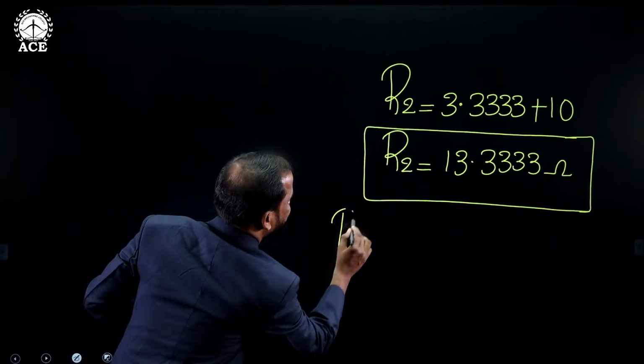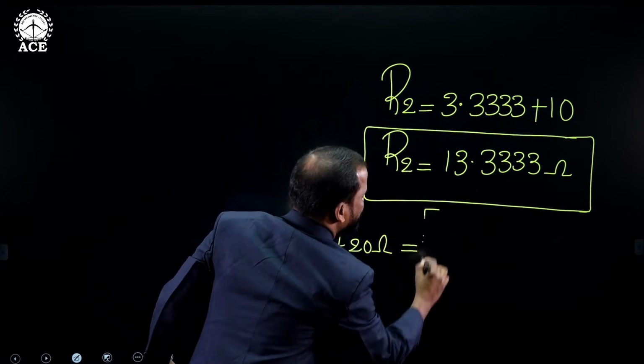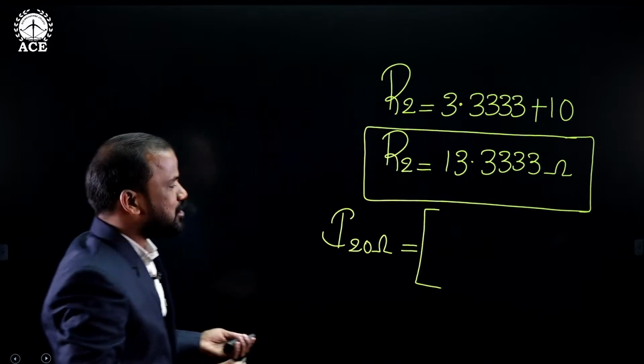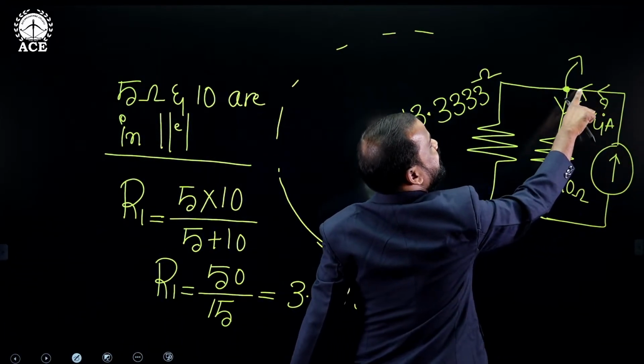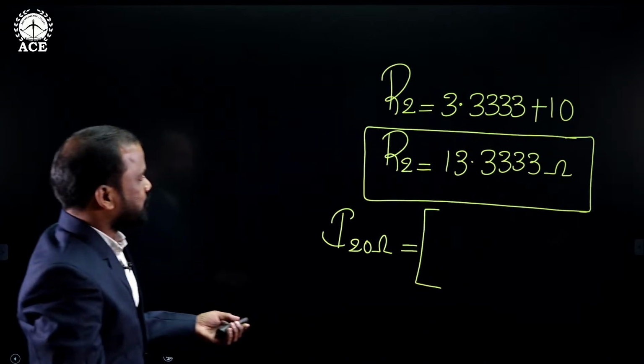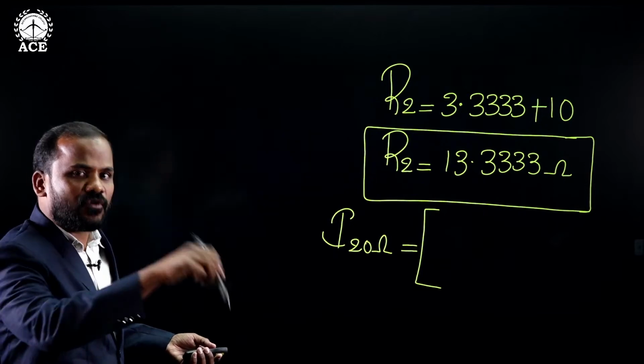Okay, so the current flowing through the 20 ohm resistance is equal to the total current available at the junction point. See here, this 4 ampere of current is directly entering the junction. So the total amount of current available at the junction is 4 only.